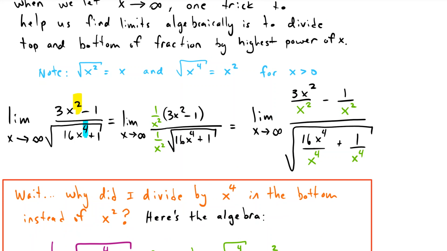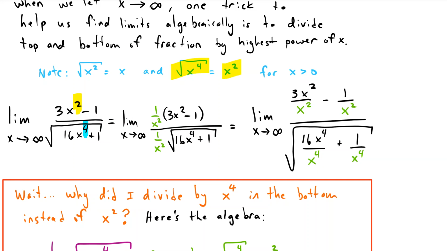But we can't forget that this one right here is actually inside of a square root. And the square root of x to the fourth is really x squared.